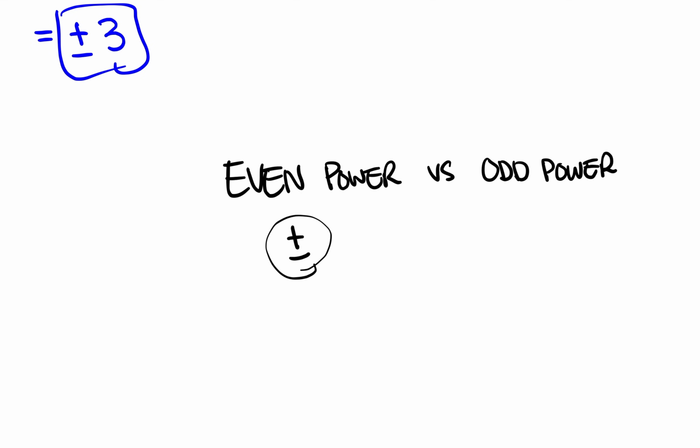But if you have an odd power, such as 1, 3, 5, 7, and so on, then you don't have to write that down. So let's write that down. Don't write plus or minus for the solutions, okay? Even powers would be what? 2, 4, 6, and so on.